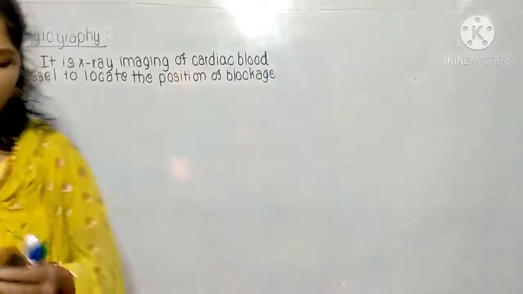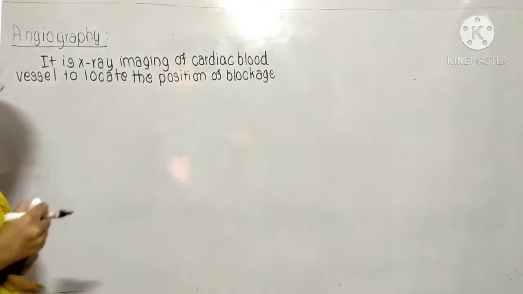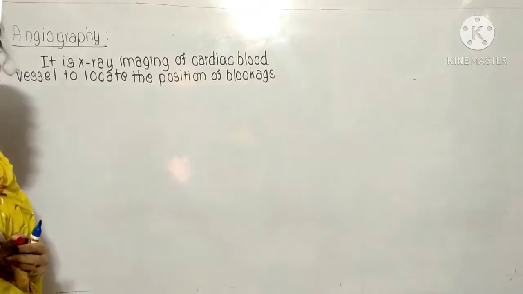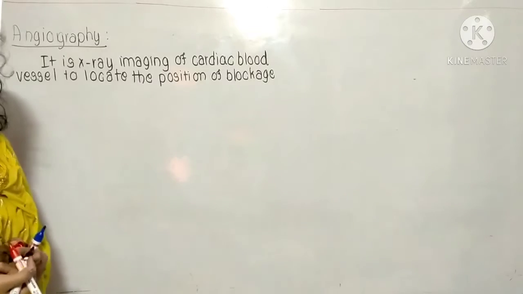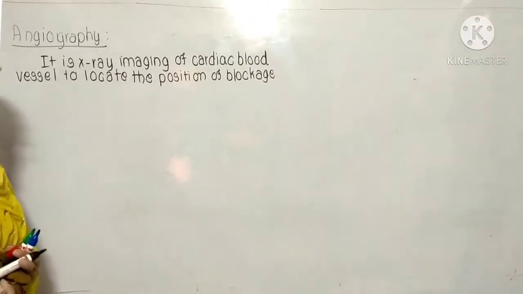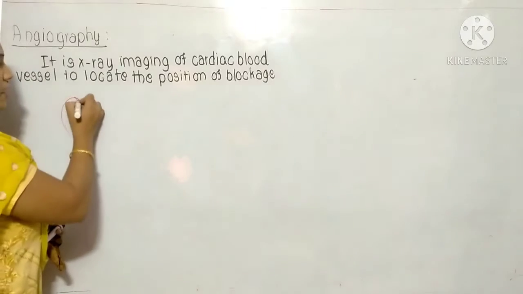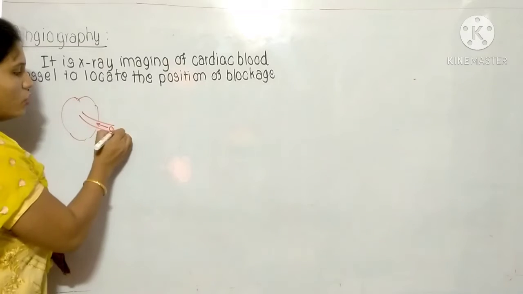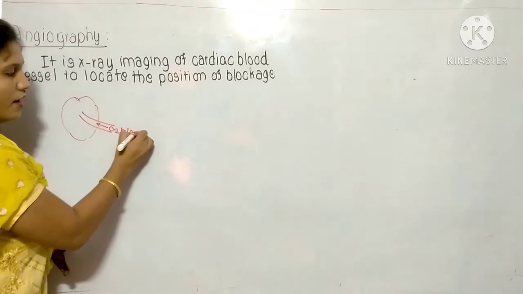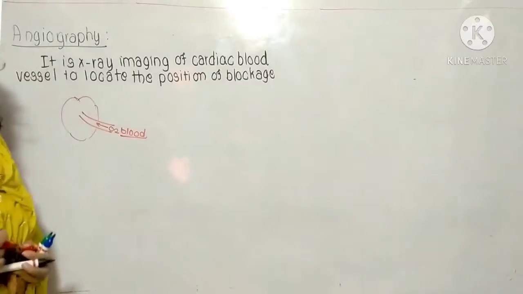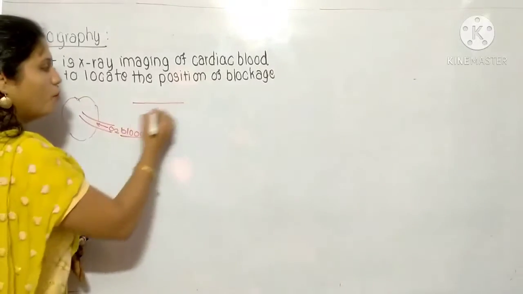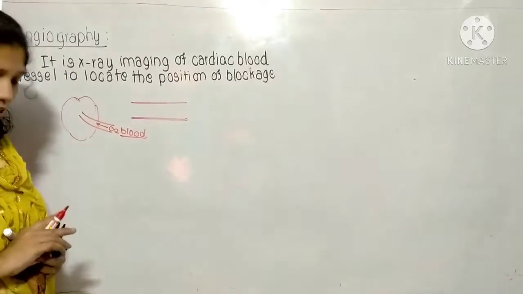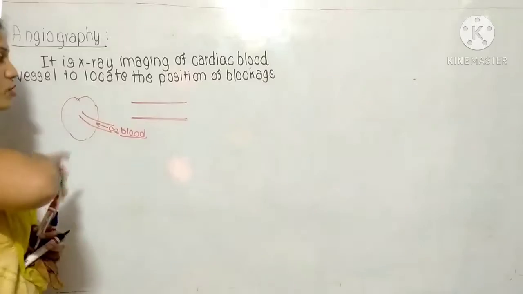In short, I'll explain it here. Suppose there are a few blood vessels, and one of them is known as the coronary artery. All of you know that the coronary artery provides oxygenated blood to the heart. But suppose this artery gets blocked for different reasons, for example a deposition of fats.